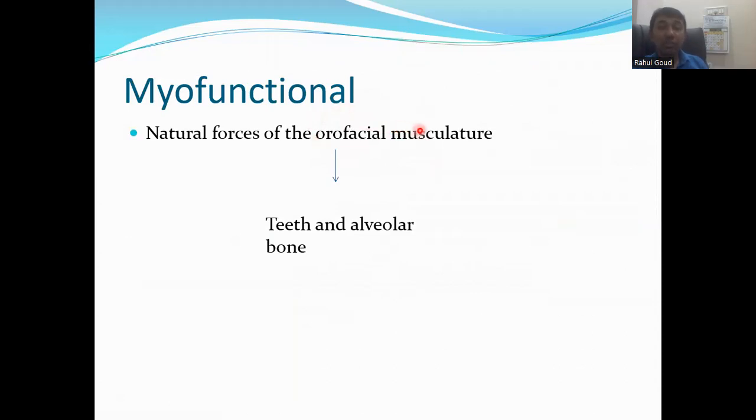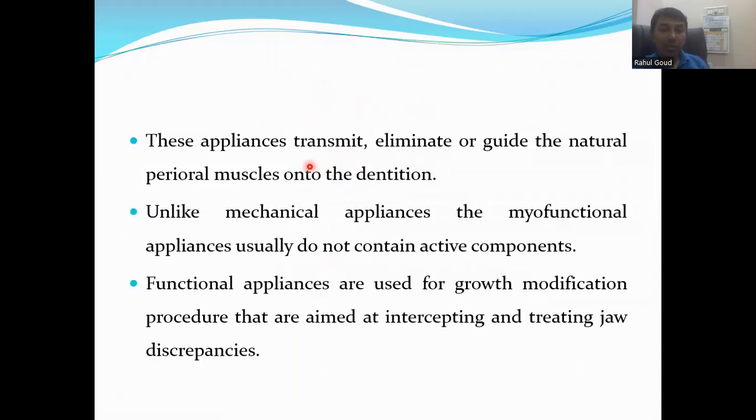The natural forces delivered from the orofacial musculature are carried forward onto the teeth and the alveolar bone by means of these myofunctional appliances. These myofunctional appliances transmit, eliminate, or guide the natural perioral muscle forces onto the dentition. So they transmit the forces or eliminate the undesirable forces, or guide the natural perioral muscle force onto the dentition.